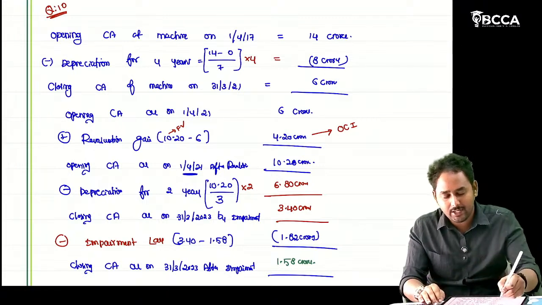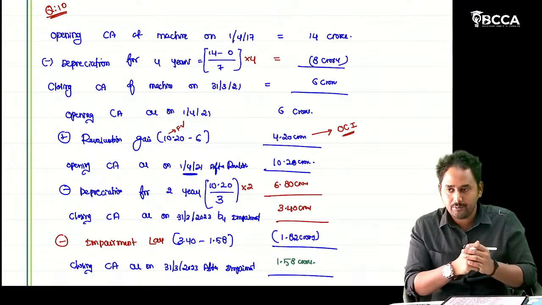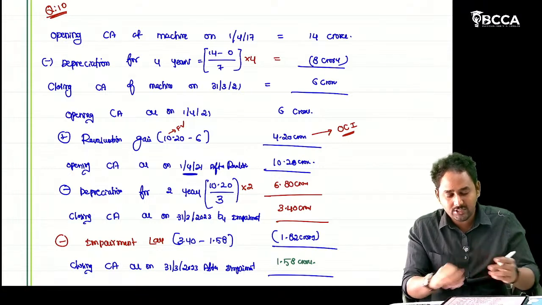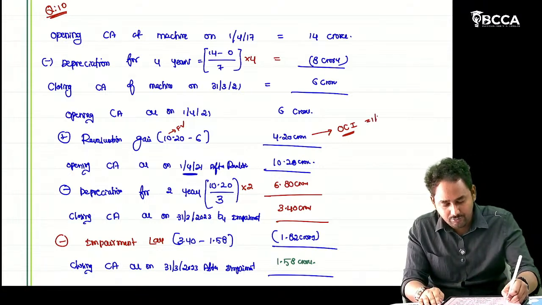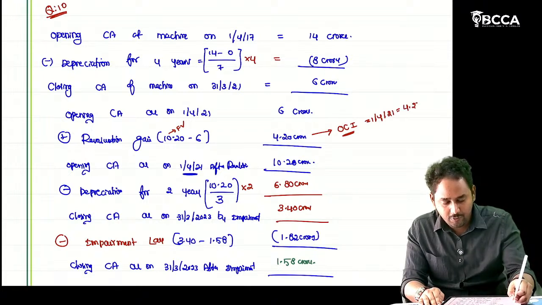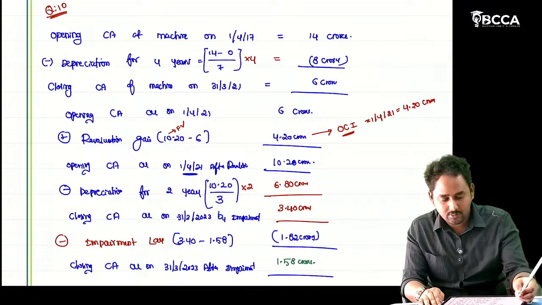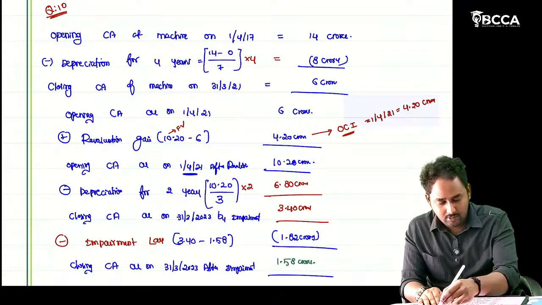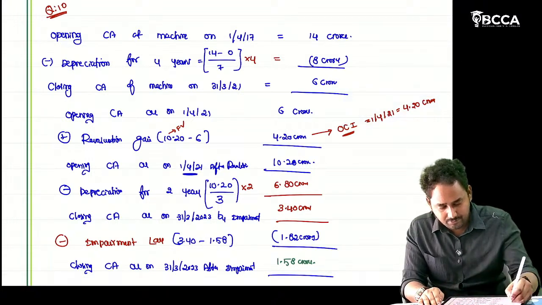So the entire gain should be transferred to OCI. Then what is the OCI balance as on 1/4/21? This is nothing but 4.2 crores. So let it be. Then let's go to the next step.